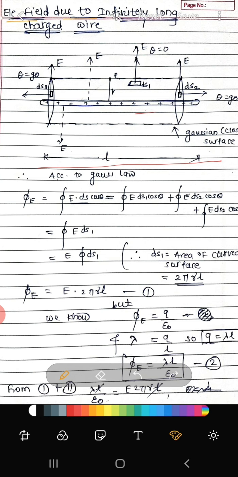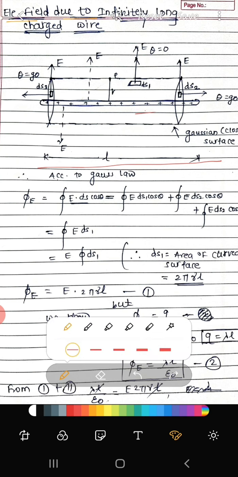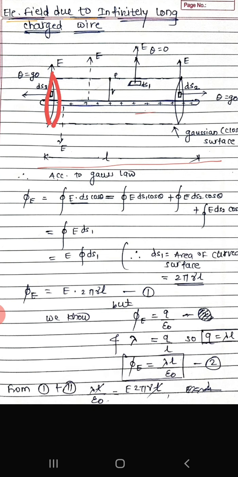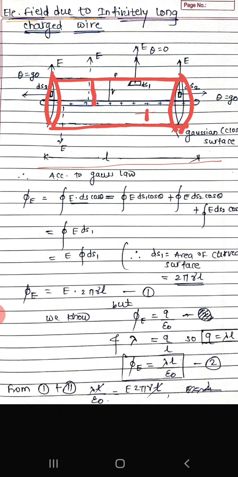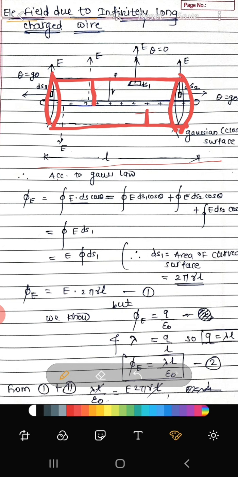Now as we know, we cannot apply Gauss theorem for the open surface, so consider a closed surface now. Here we have considered the Gaussian loop. We can see a closed surface around the long wire at distance R, that is R is the radius of this loop. Clear?